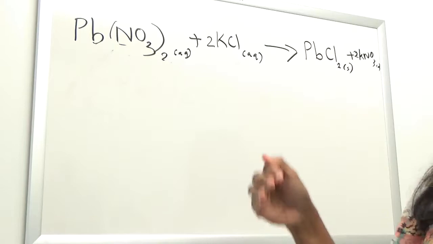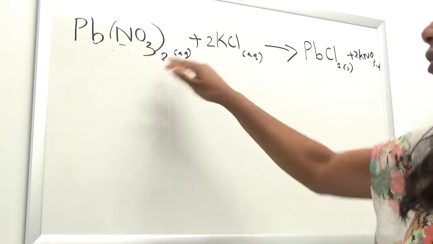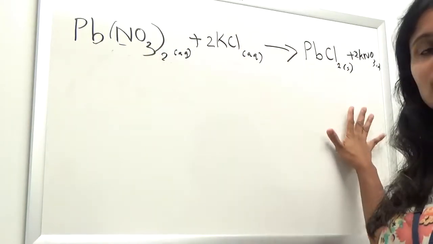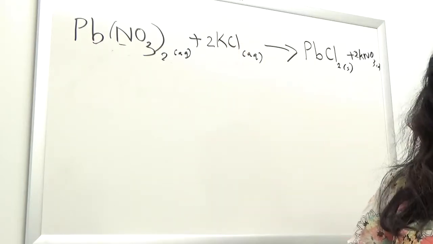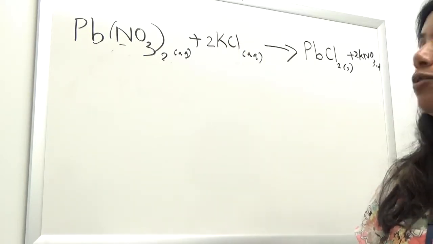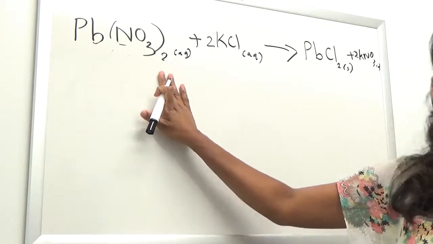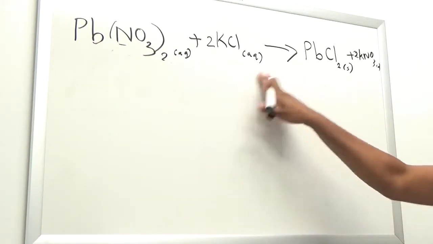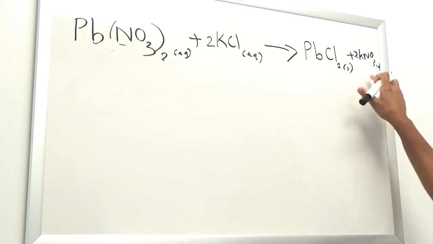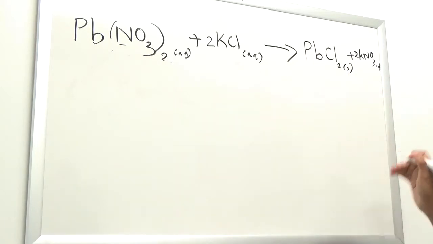In order to write the complete ionic equation from the molecular equation, you have to decide the products and balance the equation. You also need to know the states of each species: lead nitrate is aqueous, potassium chloride is aqueous, lead chloride is solid, and potassium nitrate is aqueous.